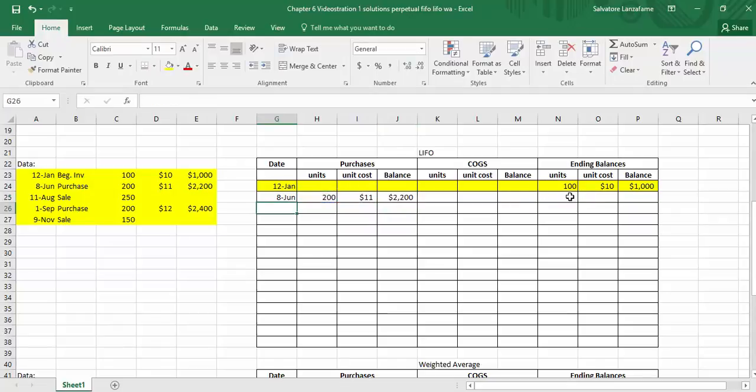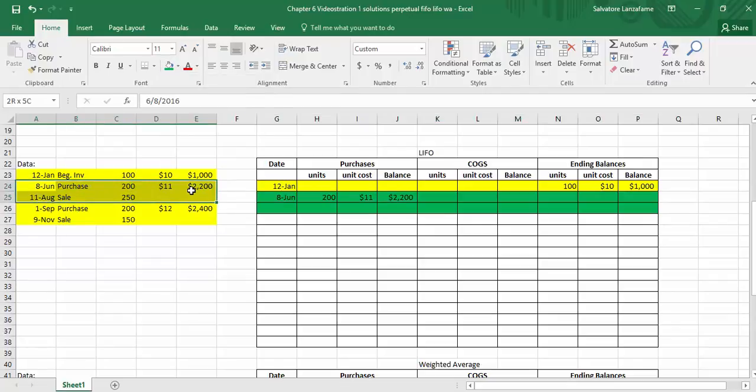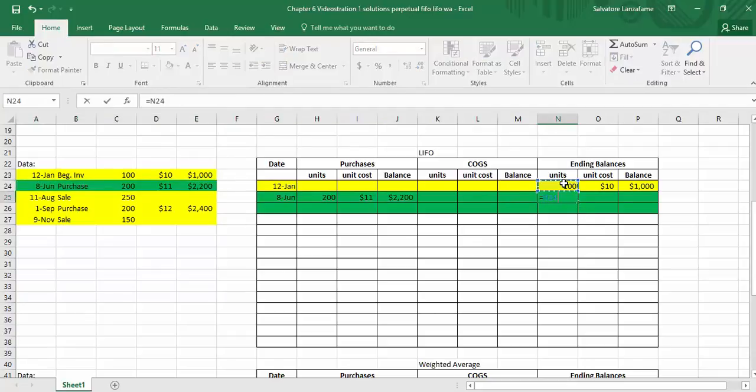So now my balance, if you remember from up top, I have to show not only what I acquired, but what I had. I think I had put this in green. So now I've got the 100 at 10, and now I have 200 at 11.